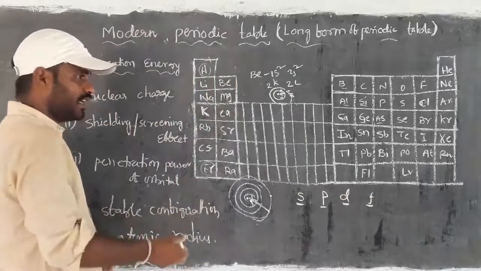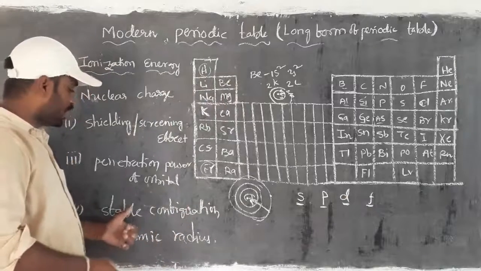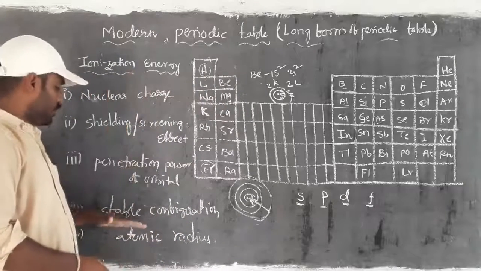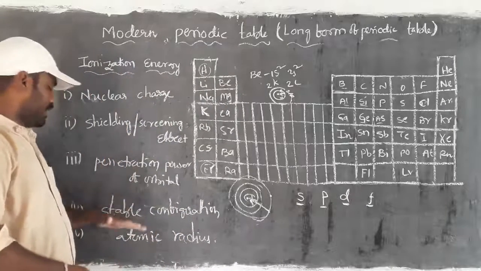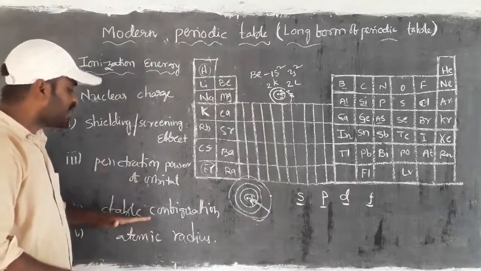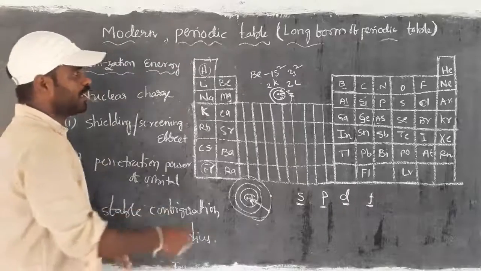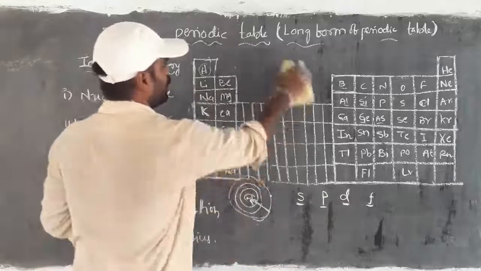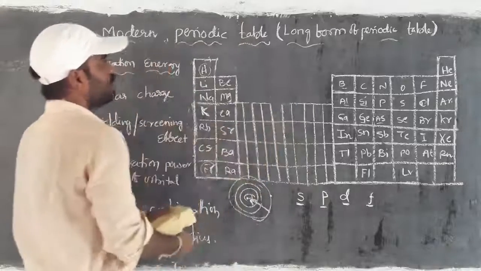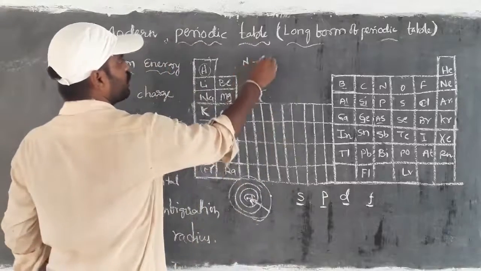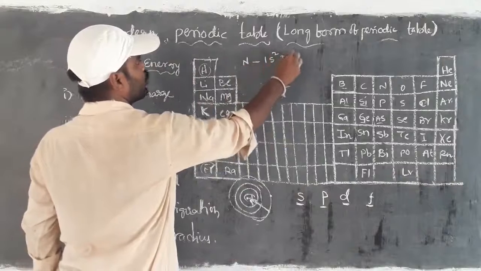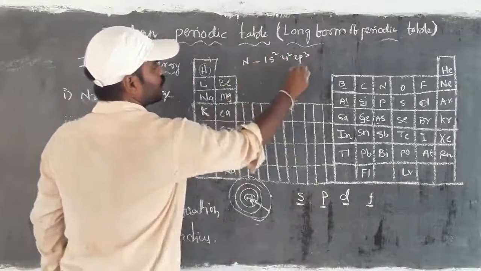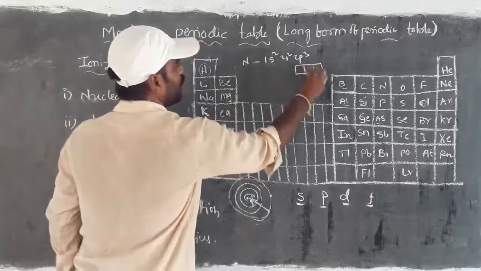Then we have to see how the fourth factor affects it. The fourth factor is stable configuration. If I take nitrogen as an example, we see 1s2, 2s2, 2p3. So this is a half-filled electronic configuration.